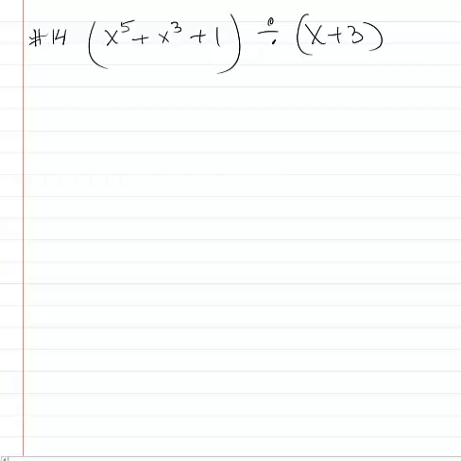Now notice, this is a 5th degree, so it should need to have 6 coefficients. Let's carefully write them all out. First one, 1. X to the 4th we don't have, so it's 0.